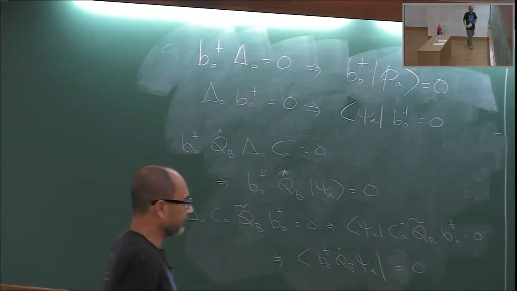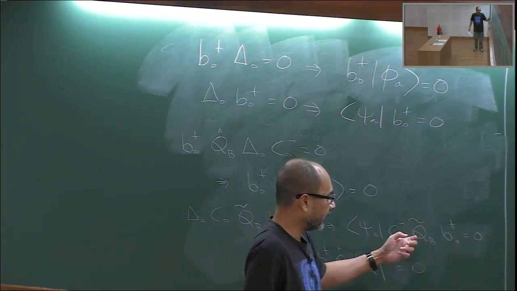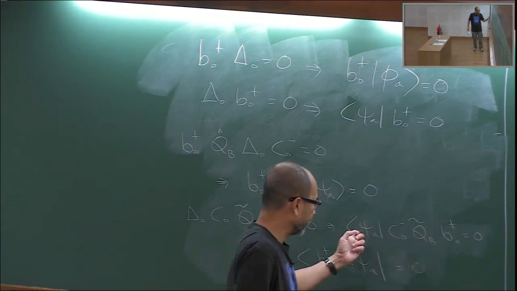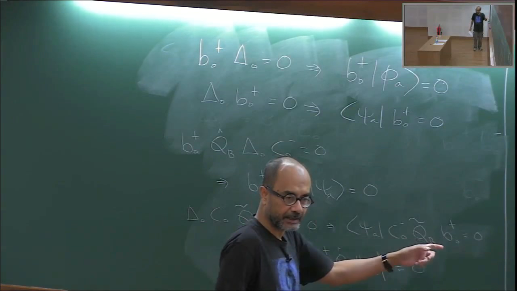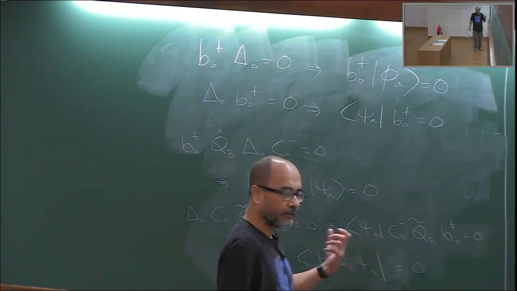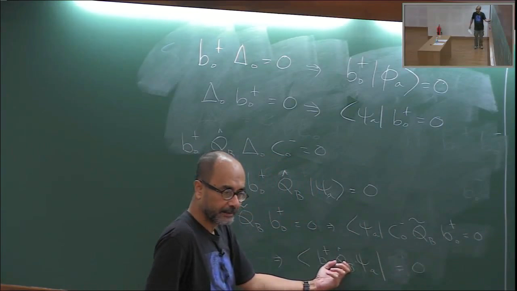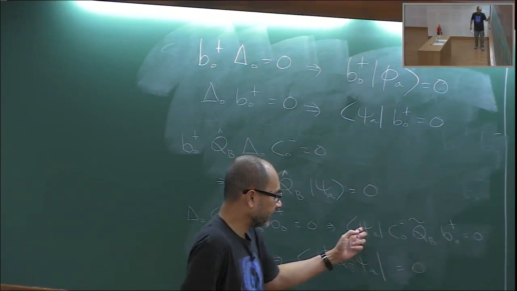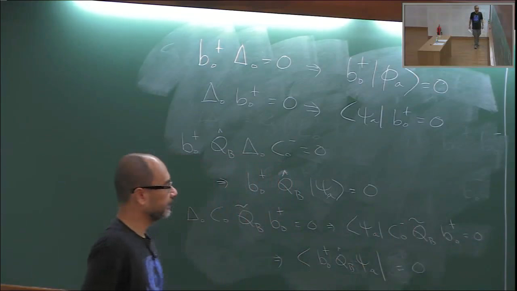Here I am using the fact that the way QB tilde and QB hat differ is that one has kg, the other one has gk, right? So when you think of this as acting on the left rather than acting on the right, the order of g and k will get reversed and QB tilde will get converted to QB hat. Similarly, B0 plus will come at the end, because first we act this and then B0 plus. So this is what you get there.